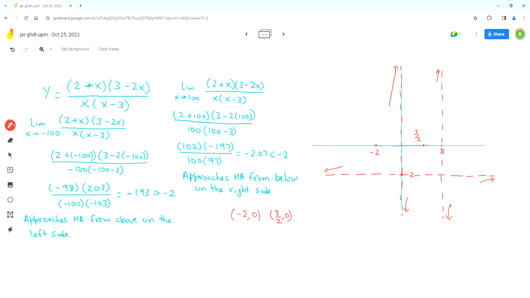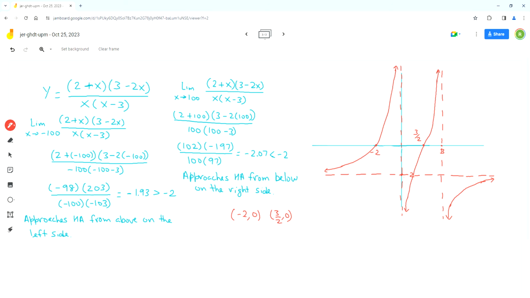So on the left side, the curve can look something like this. And then on the right side, the curve can look something like this. So this should be the sketch of this function.